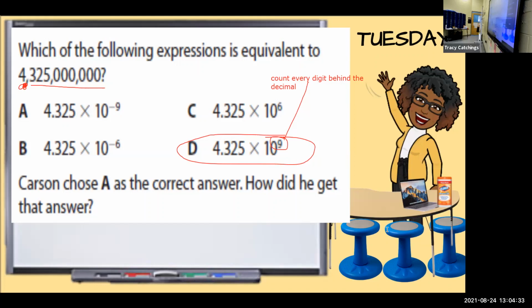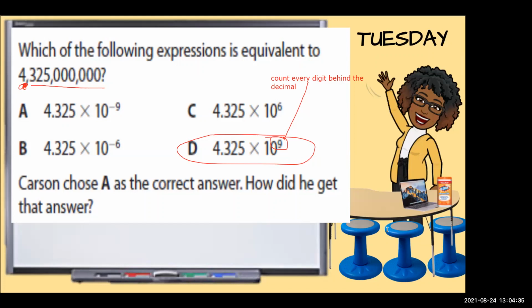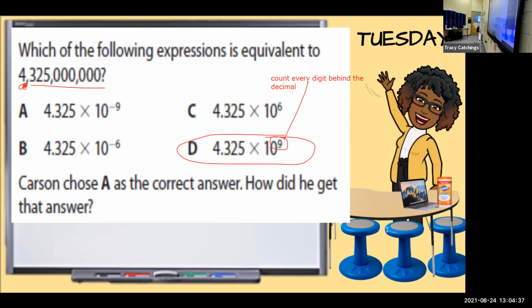I don't know. Okay, not paying attention. Jamal, talk to us. She probably saw the negative sign. She thought she was supposed to shift the zero left. All right, anyone else got a response as to why she could have chosen A?